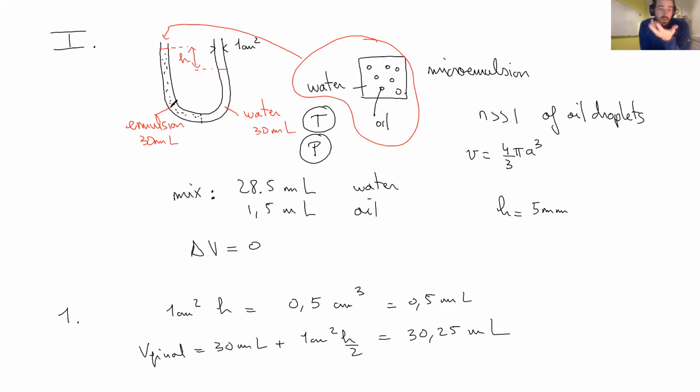Can you tell me what is the energetic cost in this situation? So the energy of mixing. Why is there a cost? Well, is there a cost because we create surface between the oil droplets and the water? Exactly. Exactly. So it's surface tension that is the penalty here.